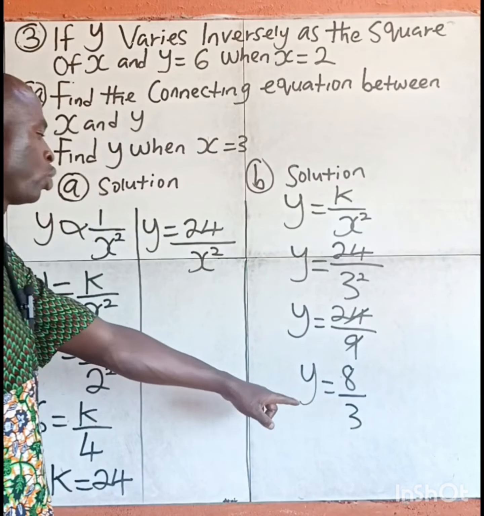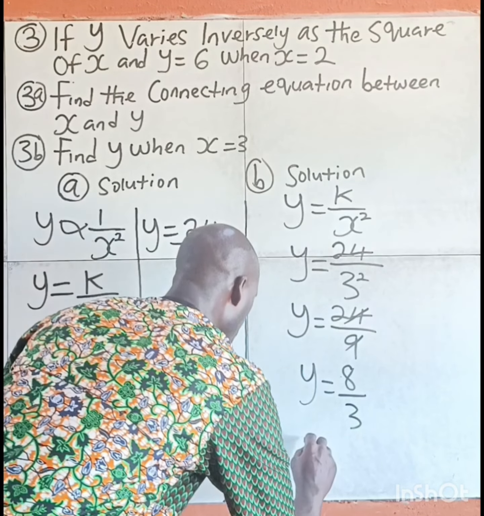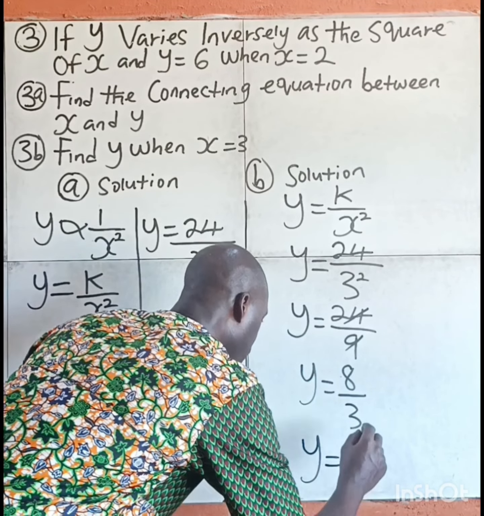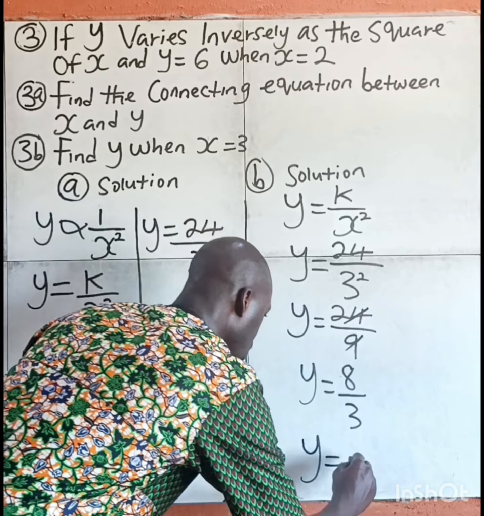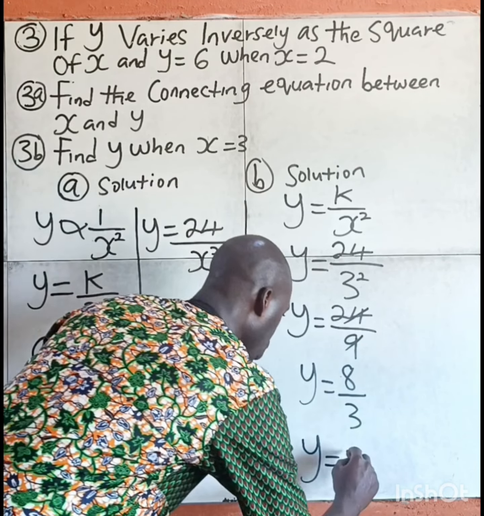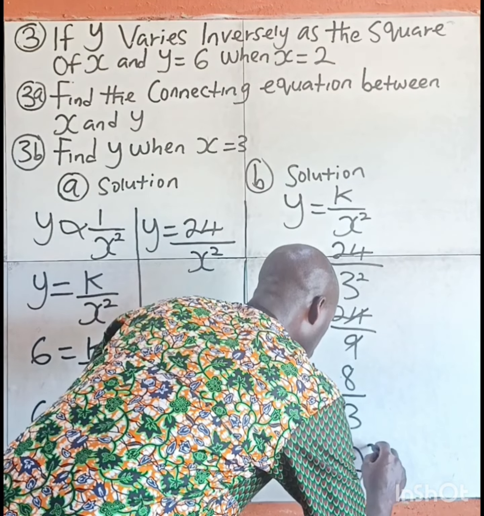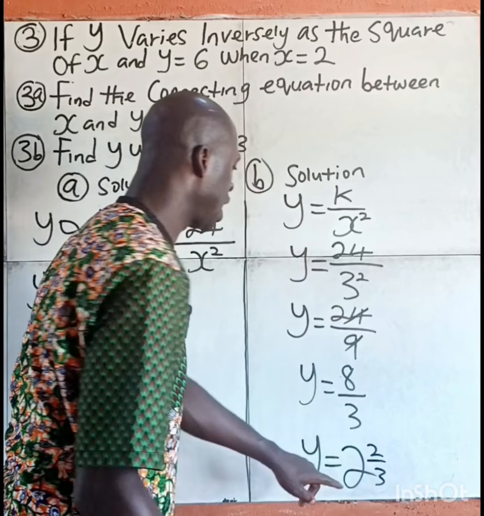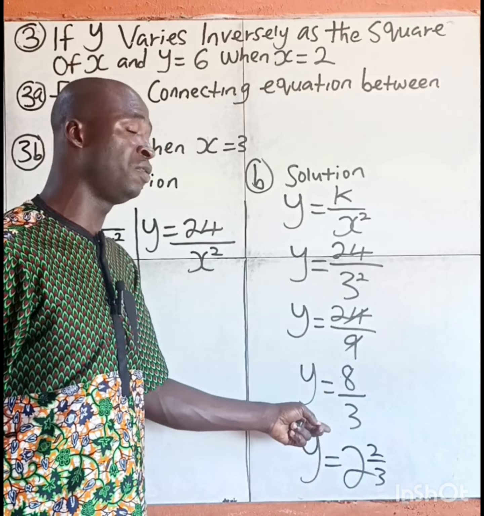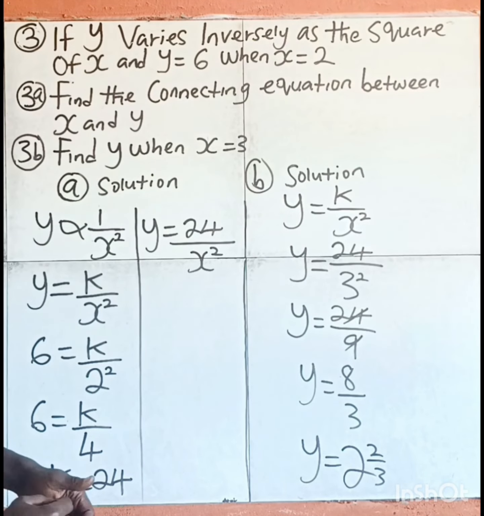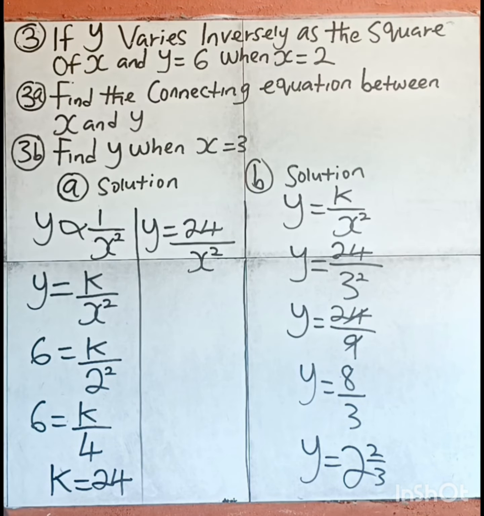At the end of the day, we can either leave our answer this way, or we can also put our answer into a mixed fraction. So 3 into 8 is going to go twice, which is going to be 2 and 2 over 3. So you see that you can put your answer in a mixed fraction, or you can also leave it this way. And this becomes the solution to question 3b.